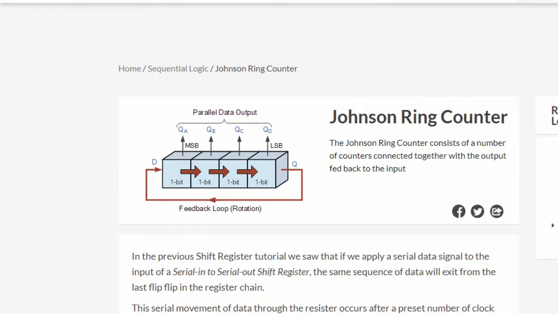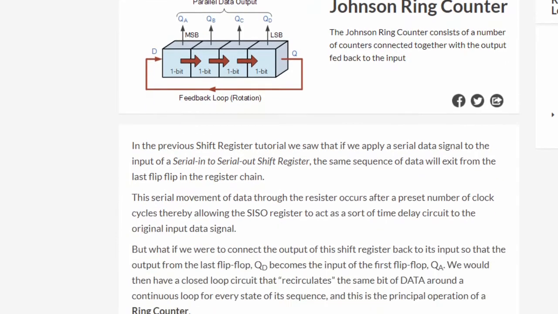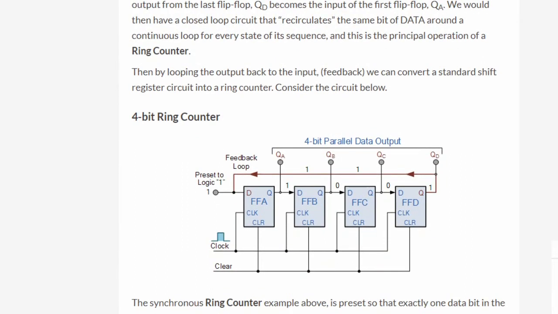Whatever goes into the system keeps shifting, going around in circles, but I can read the output in parallel. So at any point of time, I can see all 4 of the outputs, but the data comes in serially. I say on, there's a clock coming in, and the logic comes in. I keep it high, give the clock, and high goes here. I keep it off, give the clock, 1 goes here, and the 0 that was low is here. So whatever comes in serially goes out in parallel.